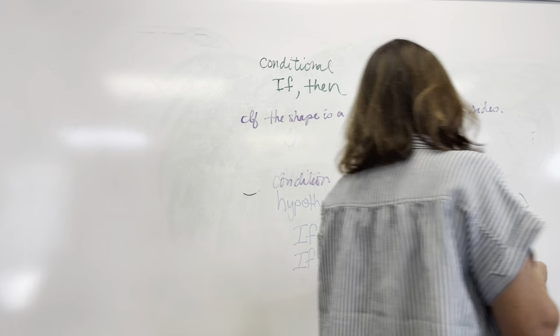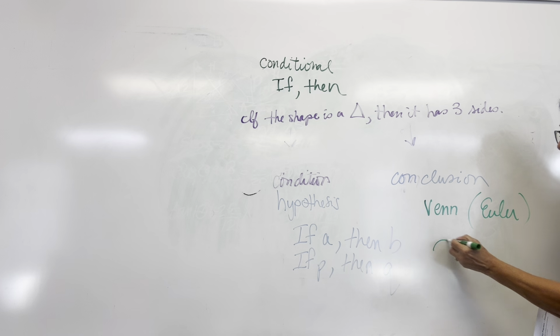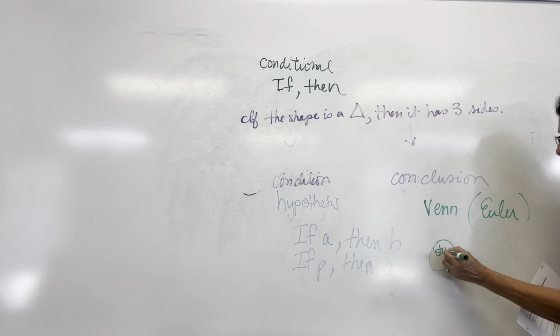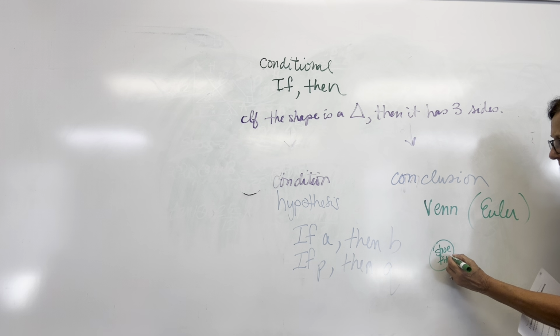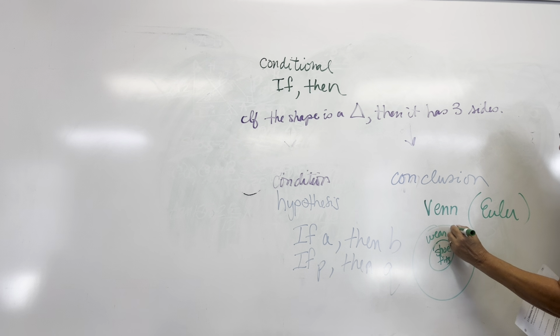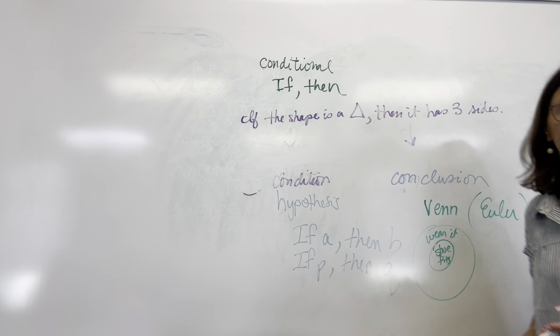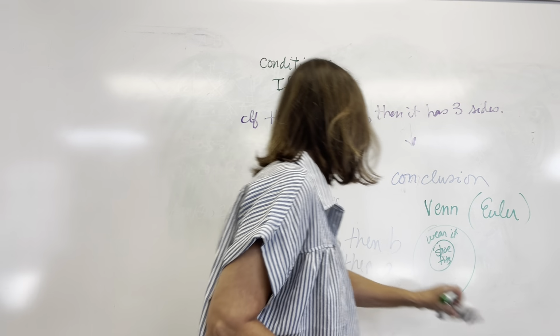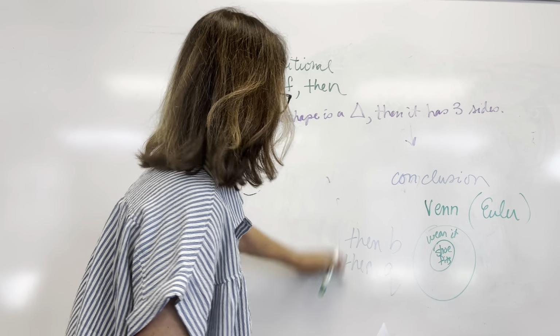So if I were to write number 1 as a Venn diagram, it would be shoe fits, then you can wear it. But we're going to call them Euler diagrams in geometry, right?